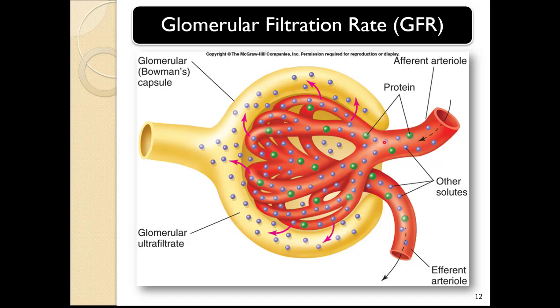You can see that in the blood we have these blue solutes and green proteins. As the blood moves down into the glomerulus here, it gets filtered. What comes off are these smaller solutes. The proteins stay in the blood and continue away with the blood. This is going to produce this glomerular filtrate, and we call the amount that it makes the glomerular filtration rate.